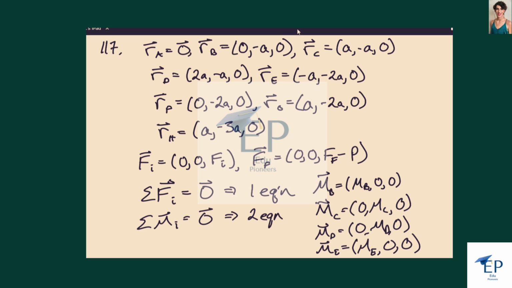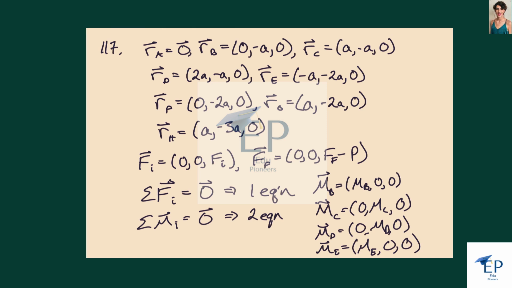So we have these forces and moments acting, and now we can see we have 8 forces and 4 moments, and that gives us the right number of unknowns for the number of equations we have.